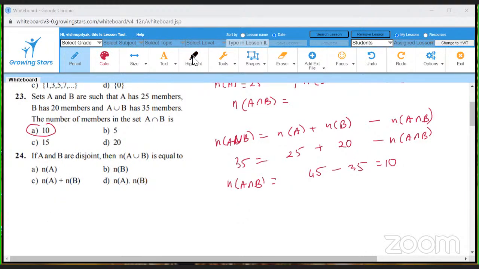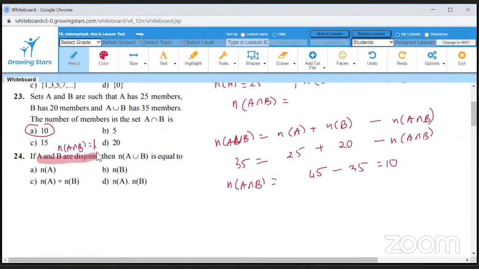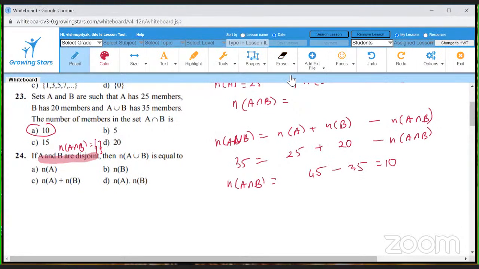Next, 24th. A and B are disjoint. Nothing common. So A intersection B will be empty set. 0. A intersection B will be 0. Nothing common.